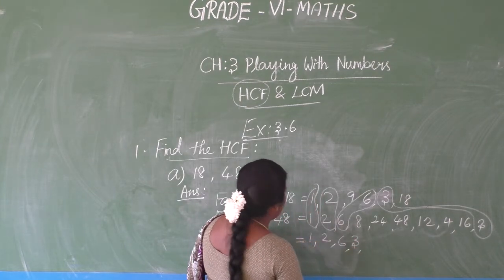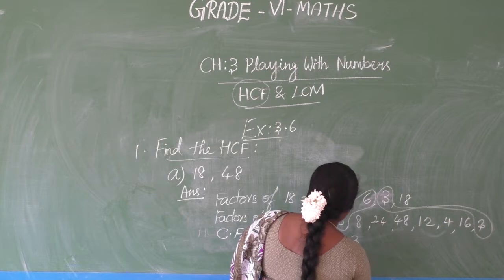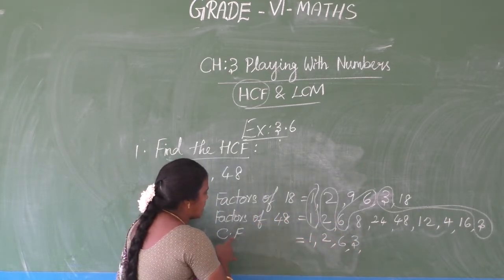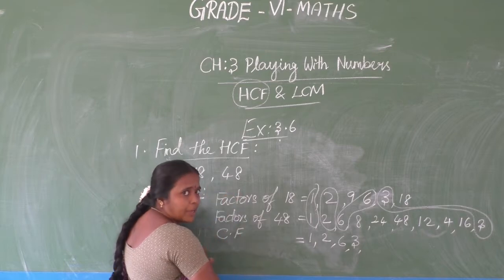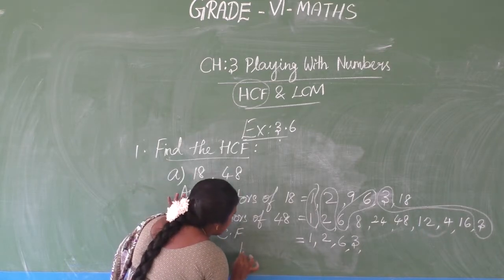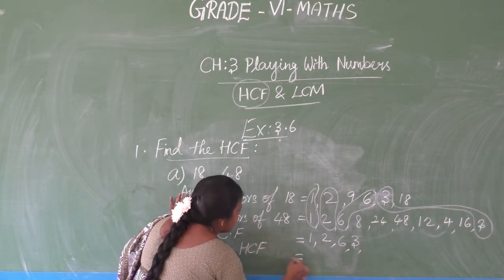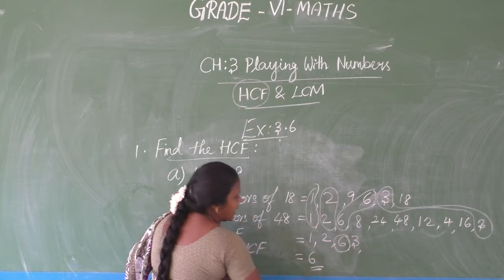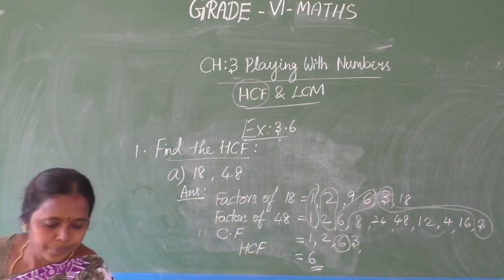So 1, 2, 6, 3 are the common factors of 18 and 48. Among them, the highest common factor, which comes, 6 is the biggest one. Clear, children?